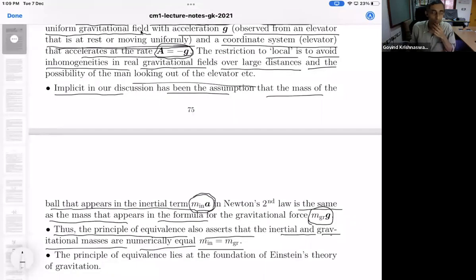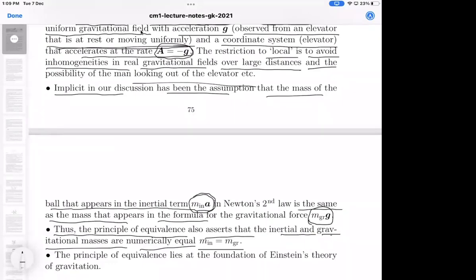If two physical situations cannot be distinguished by a certain class of experiments or observations, then the dynamics that ensue in those two situations maybe can be described in a similar way. That is the insight that is being arrived at from here. Okay, fine. Any other?